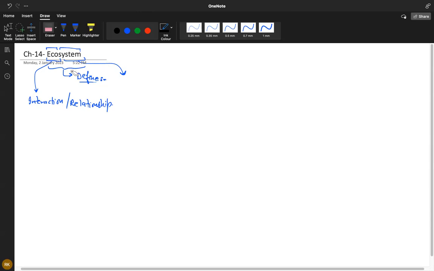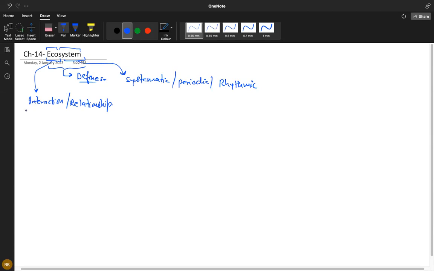Now, coming to ecosystems, it means something related but slightly different. When this relationship is systematic or periodic or rhythmic, where if you break this rhythm, you collapse the whole ecosystem.